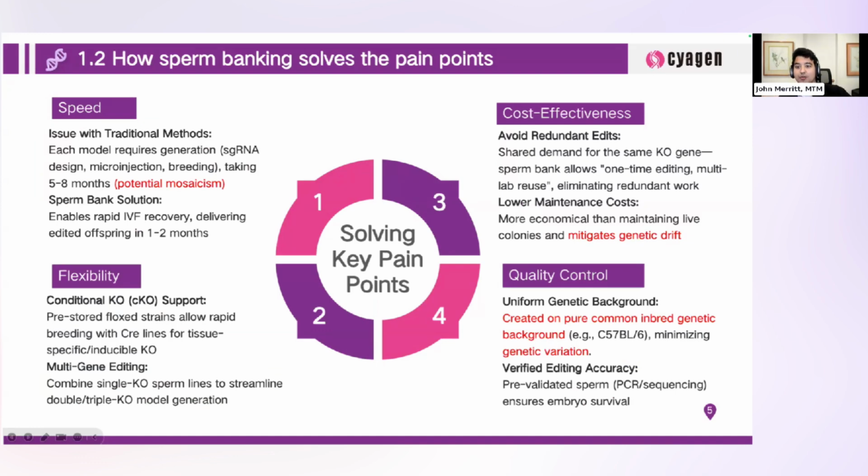Instead of having to do 3 pronuclear injections in series, or even in parallel, we can do 3 IVFs in parallel. That allows researchers to have a more flexible platform. If they want 3 knockouts, we'll get them 3 heterozygous mice done in parallel.